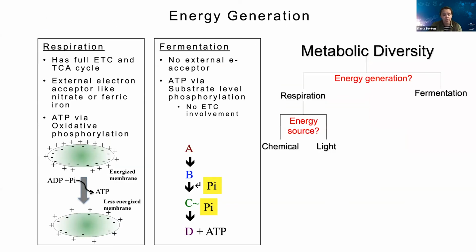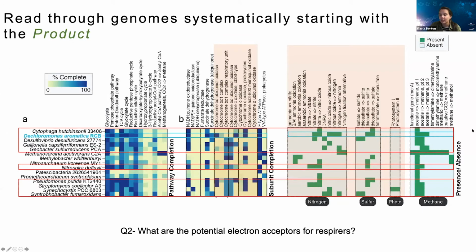Our next question might be, of the organisms that can respire, what is their energy source? This is also showcased in that DRAM product output. Again, this is the product heat map, and oxygen is housed here. You can look at whether oxygen is the electron acceptor, or nitrate, or sulfate.